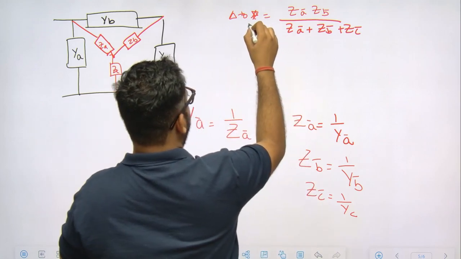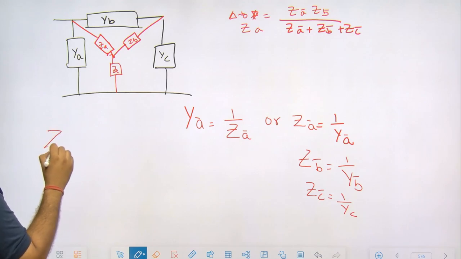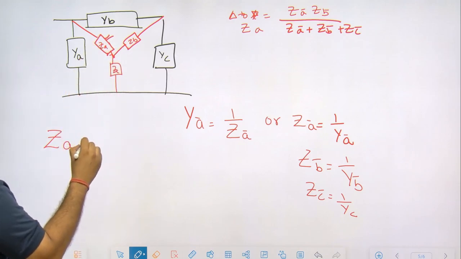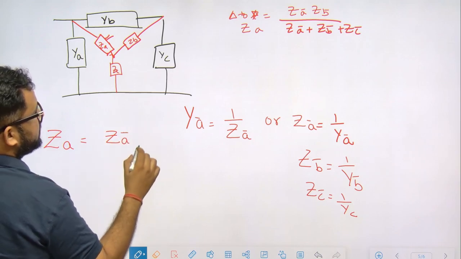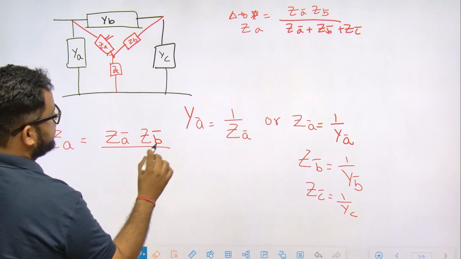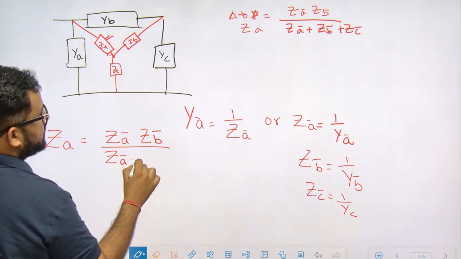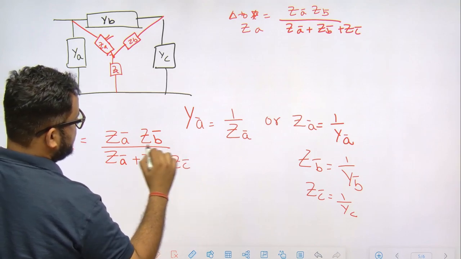So this is going to give me my ZA. Now I'll do the same. So my ZA, this resistance is nothing but ZA dash, ZB dash over ZA dash plus ZB dash plus ZC dash.